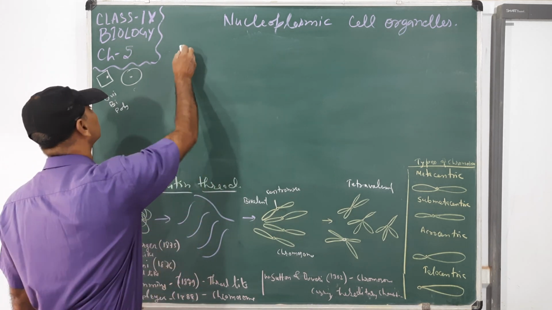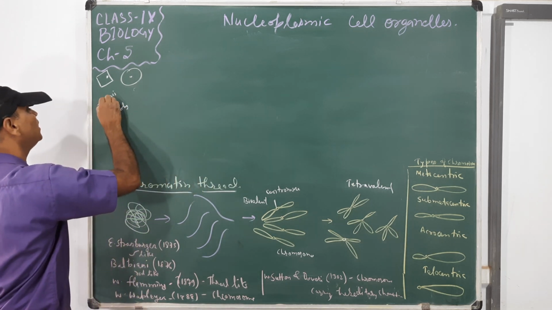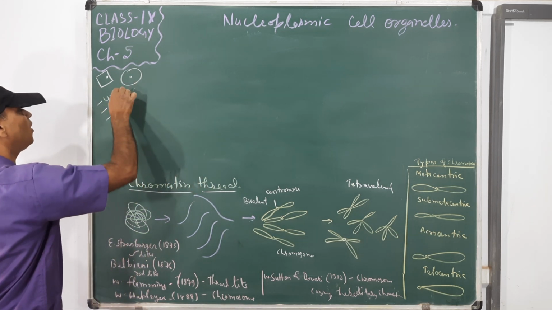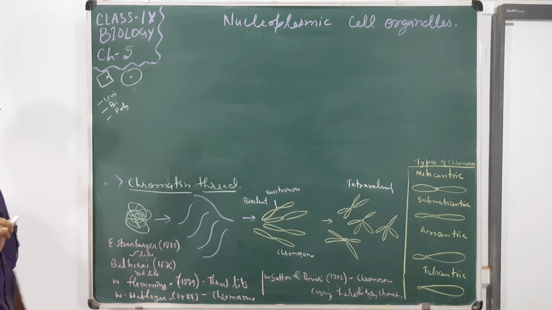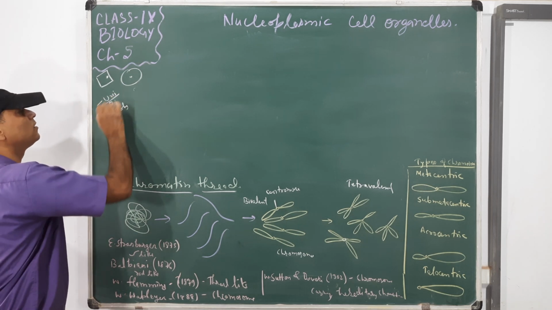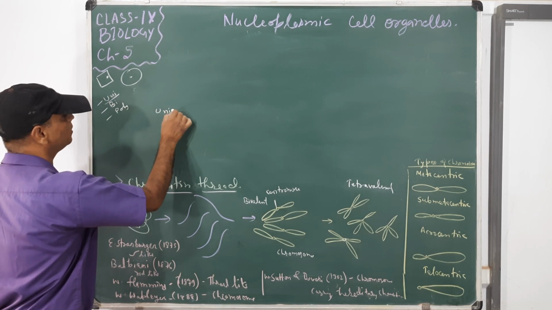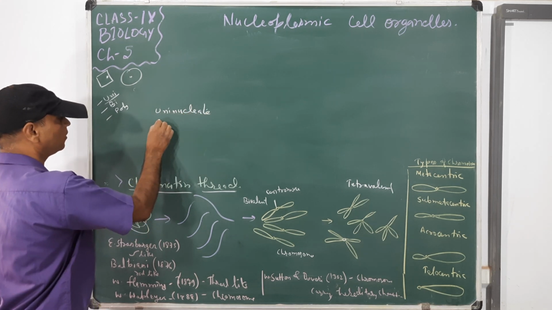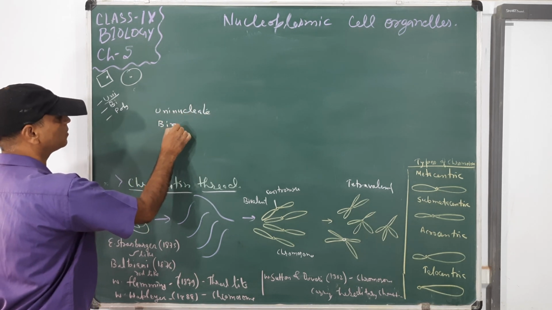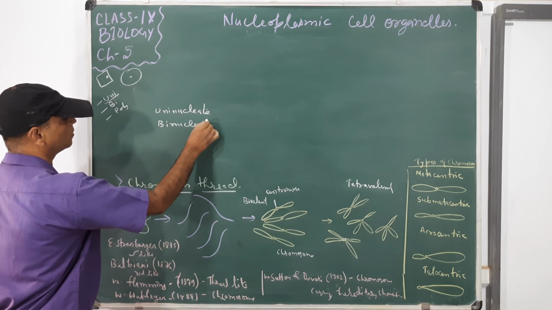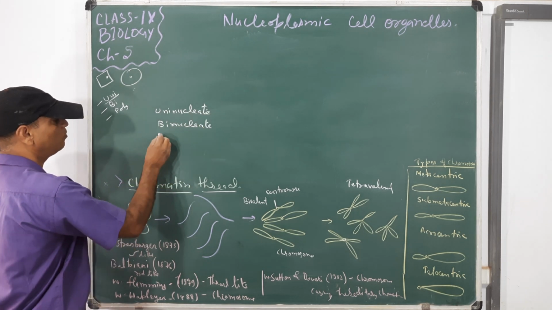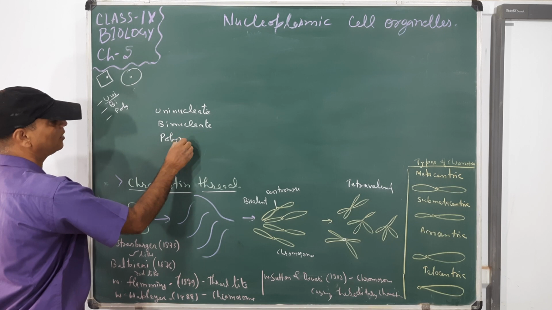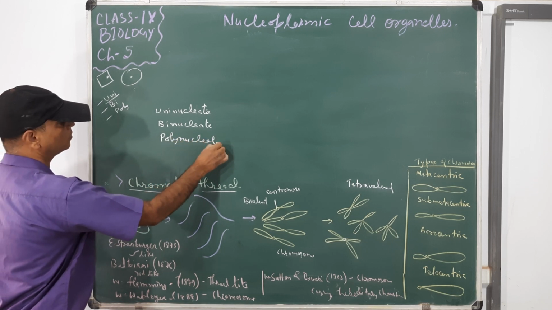Now see, here I have written uni, bi or poly. On the basis of the number of nuclei, cells may be uninucleate, binucleate and polynucleate.